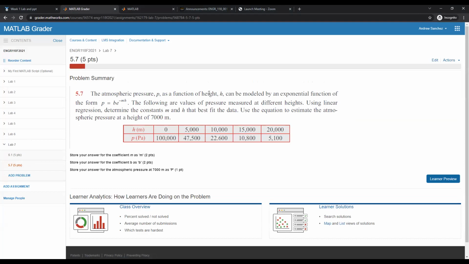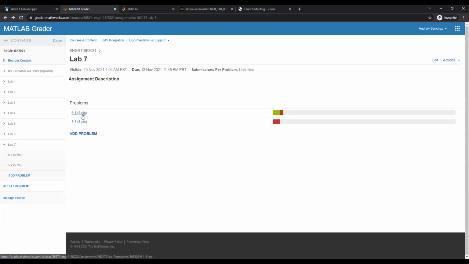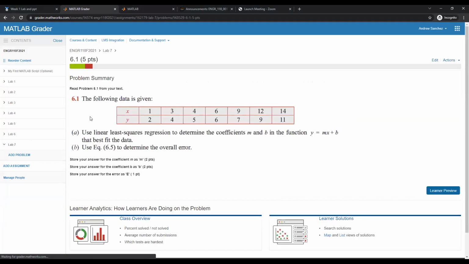We have the atmospheric pressure as a function of height, and then we have the data series. You want to calculate the slope, the y-intercept, and then the pressure at 7,000. And then similarly for number 1, you have the data series, y is a function of x, same thing. So this one's already in linear form.